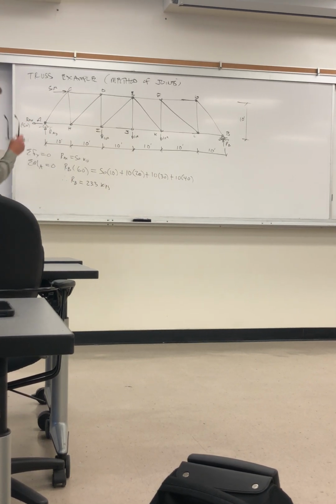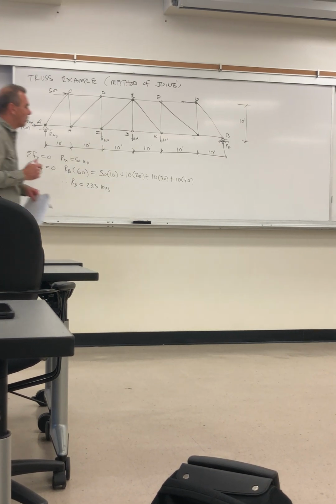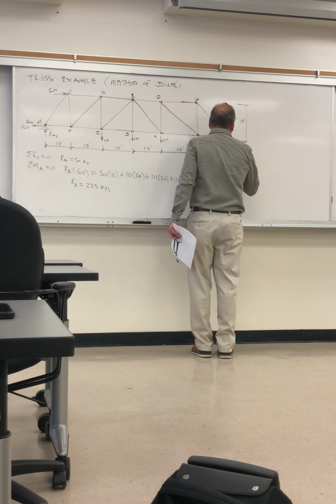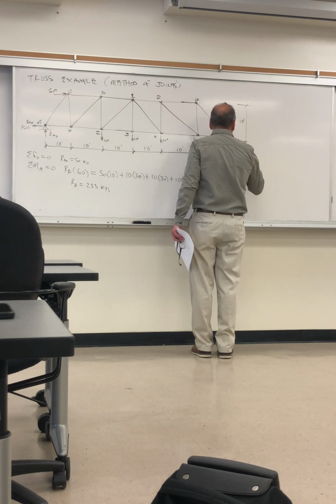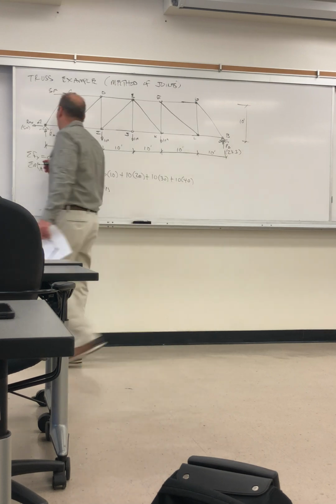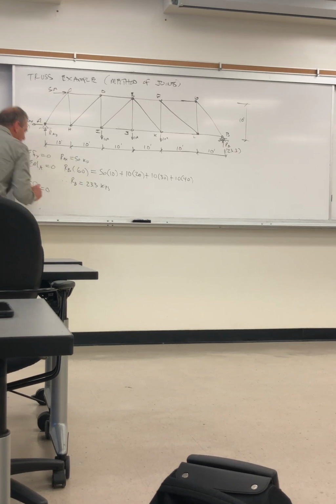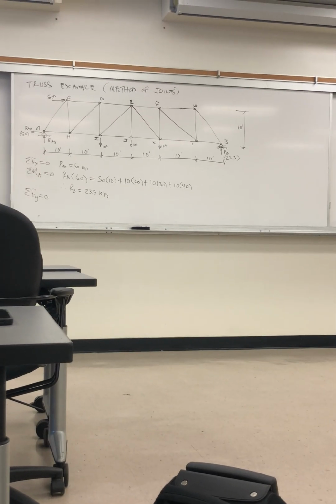Then the final thing: we know R sub B, 23.3, and we still need to solve for R sub AY, and we use the third equation available to us from statics. So summation of forces vertically has to be 0.